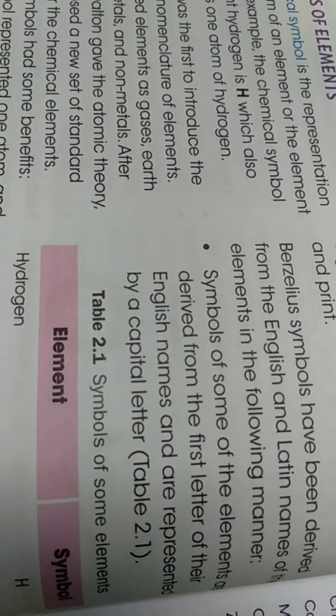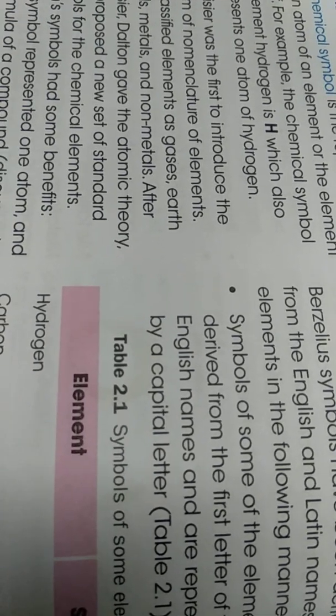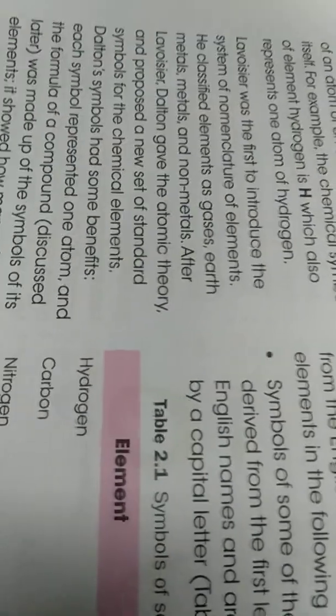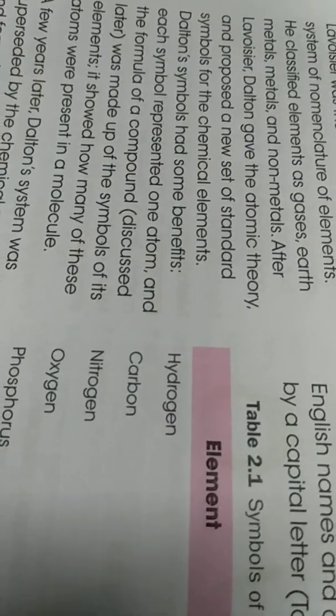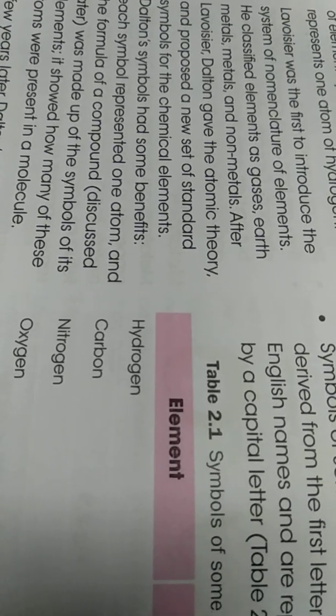Symbols of some of the elements are derived from the first letter of the English name. Some also have the second or third letter, because when they found elements with the same initial, it was becoming difficult, so they tried to give some variety so that it would be easier.